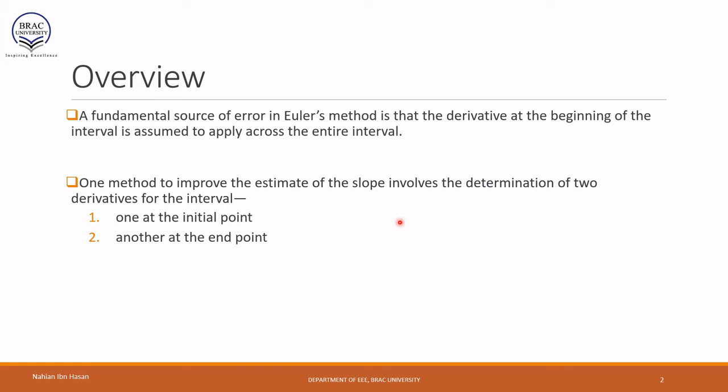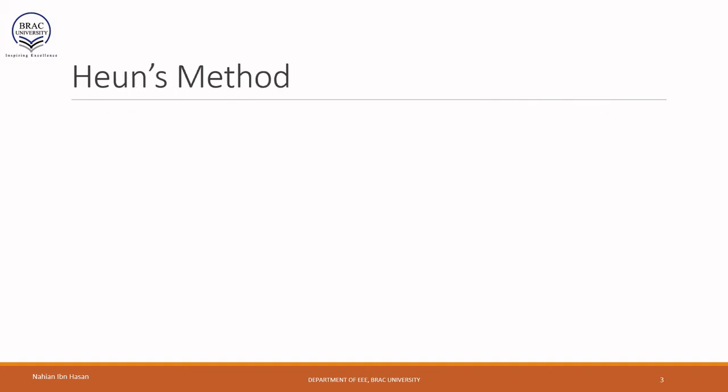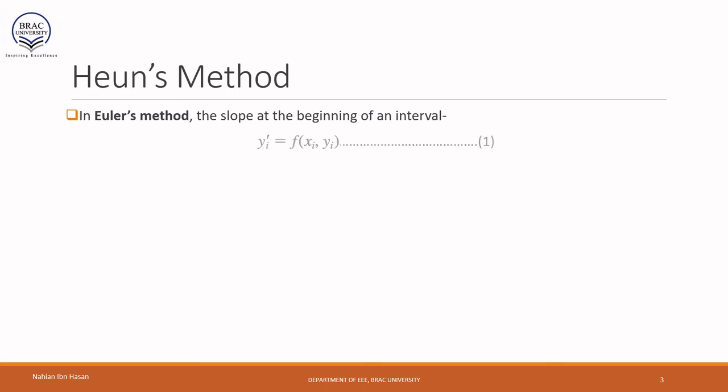We approximate the derivative at these two boundary points, and then we take the average of those two derivatives, and that average value represents the average slope within that interval. We are not just keeping the derivative constant across the whole interval, rather we are taking the average of the first and the last data point of the interval. So that's the basic idea of Heun's method.